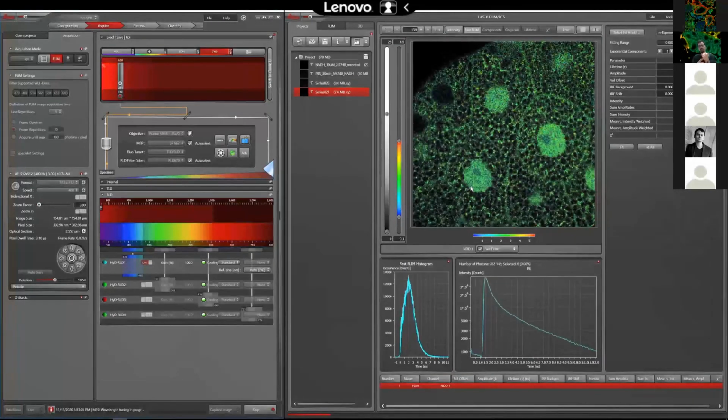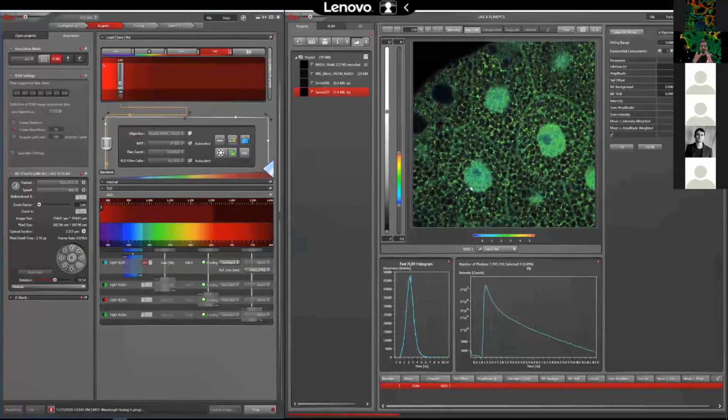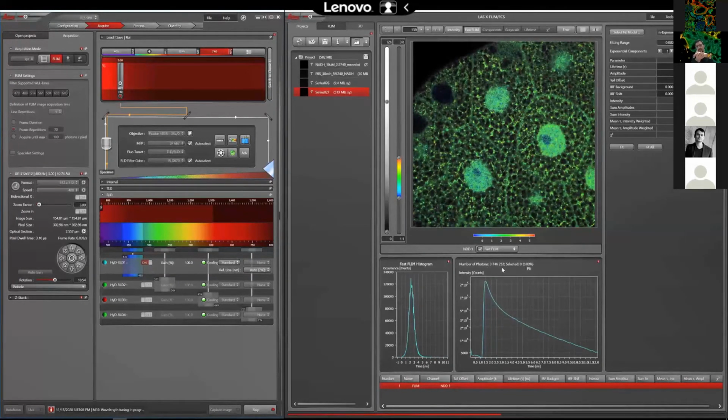It's acquiring 20 images. What's happening here in the lifetime, in the FLIM module, it's accumulating all this information on top of each other. But as we see here, I have minimized the live image, it's actually averaging in the multi-photon image, the intensity image that we don't see here.